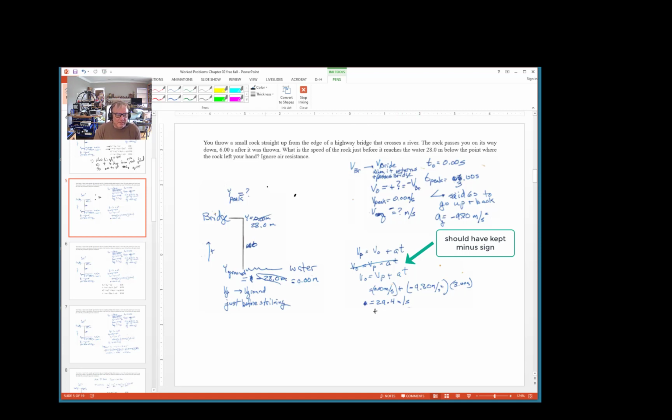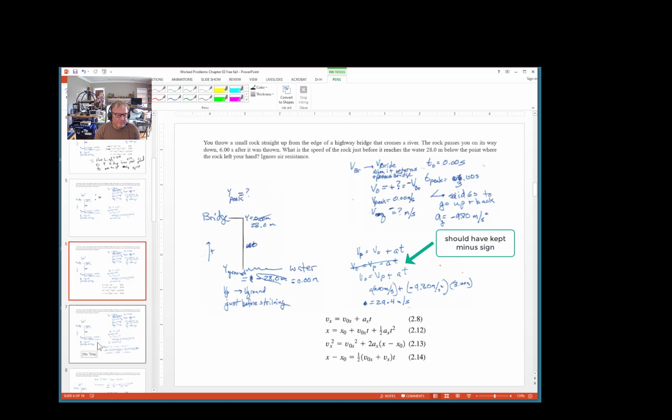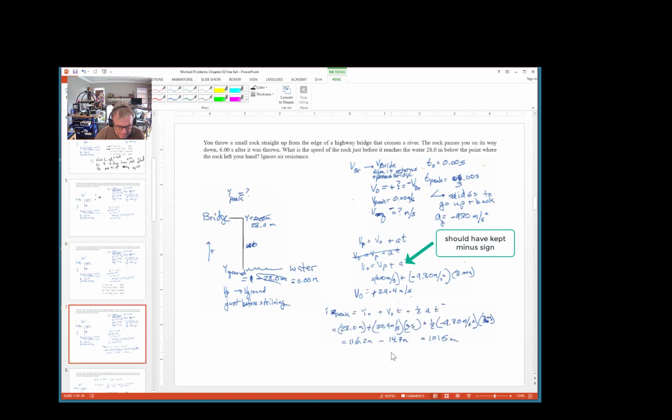And then I can use equation 2.12 because I know the initial speed, and I know the height it's at, 28 meters, and then I know the acceleration, and I know the t, so then I can end up with the height of how high it goes up. The next problem is with the building. So then I come up with 101.5 meters.